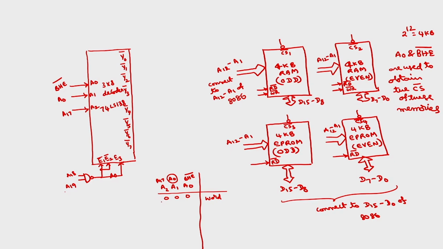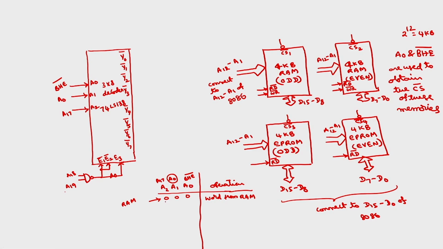So A17 being 0 represents RAM. So this is a word from RAM operation, and you have to select both the banks.